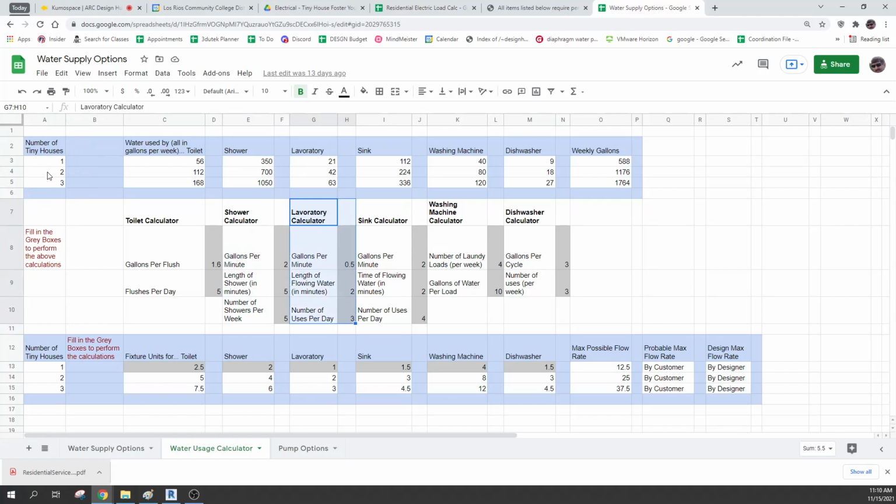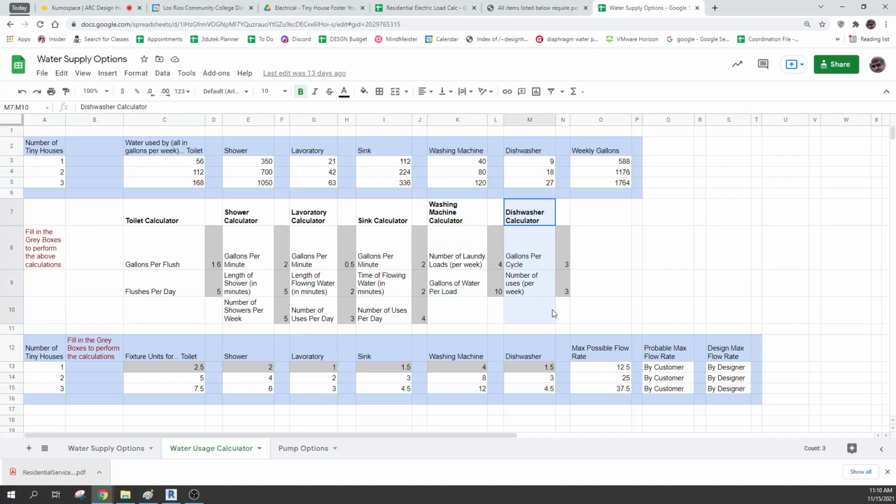Every tiny house and every residence has lavatories and has sinks and may have washing machines. That's for a clothes washer. You may not have that in a tiny house. You might require the person to go to a laundromat or something like that. That's pretty common, as a matter of fact.